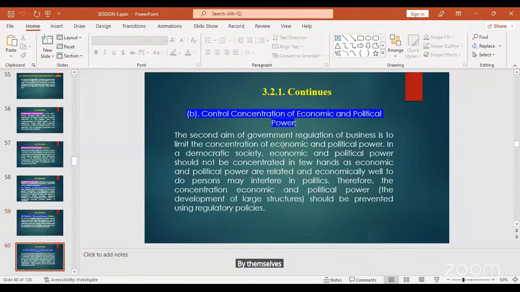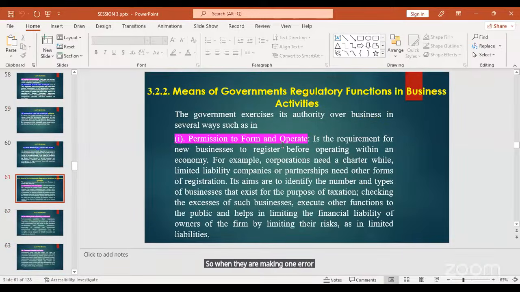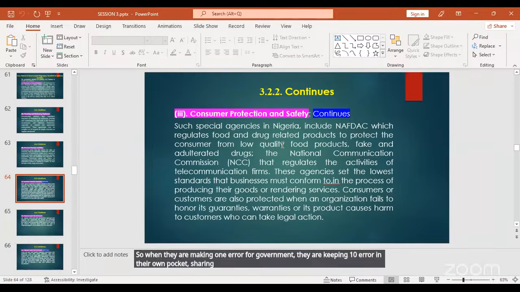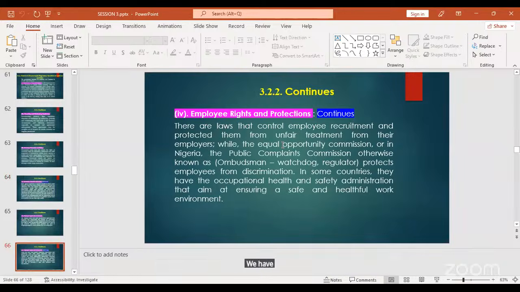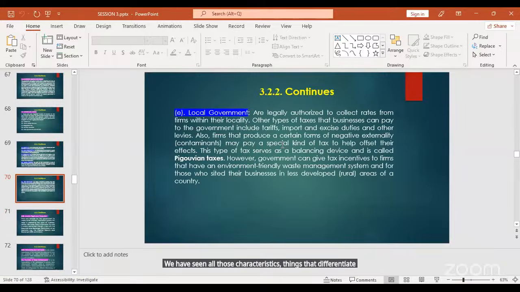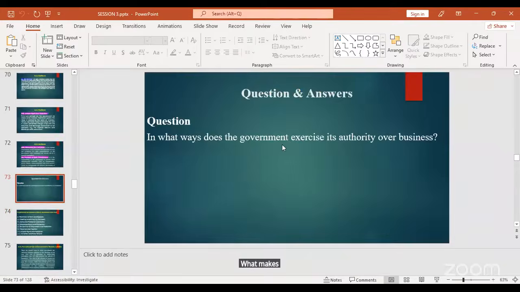So when they are making 1 naira for government, they are keeping 10 naira in their own pocket, sharing it among themselves. We have seen all those characteristics, things that differentiate. Majority of this that I've said now, you can see differentiation. What makes the private and public different from one another?